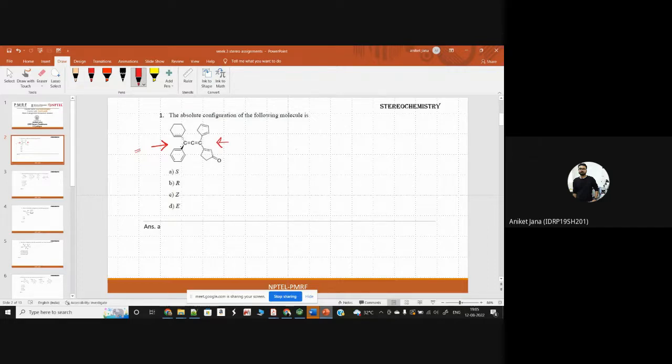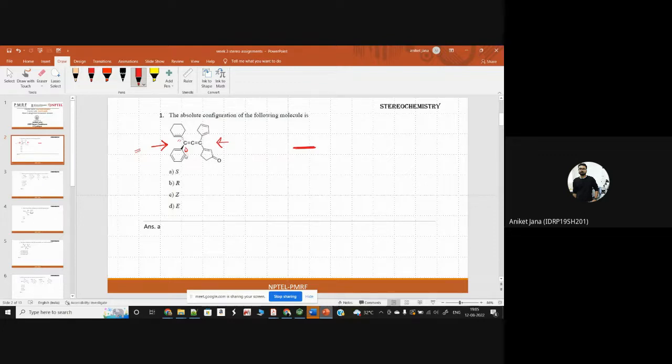This axis says that this one is above the plane and this one is below the plane, right? So if we are viewing from the left side, then we have to darken this line, that is, this one is above the plane and this one is below the plane.